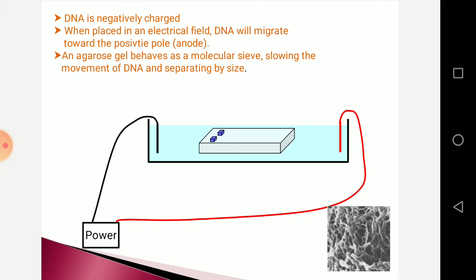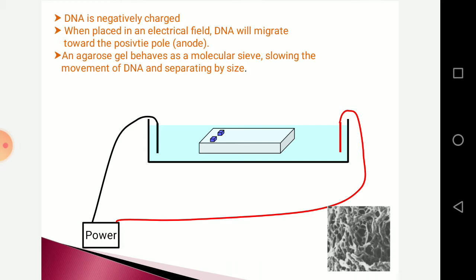And here the diagram is given. A power is applied, this electrical field is applied in the chamber, and the gel is placed in between the chamber. And the sample is placed on the slab, that is on the gel.